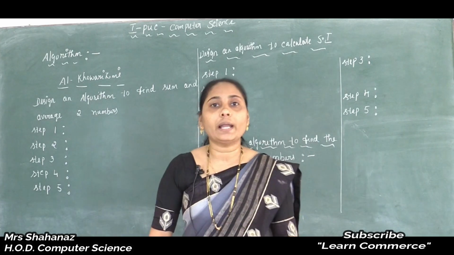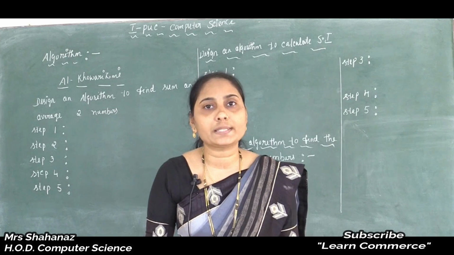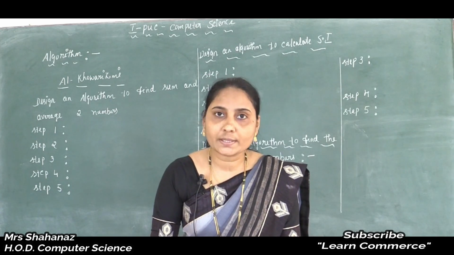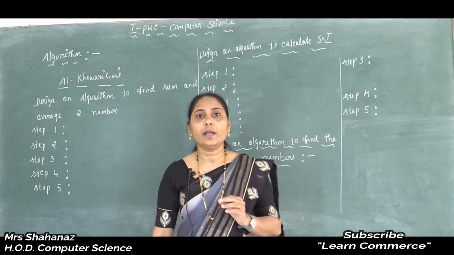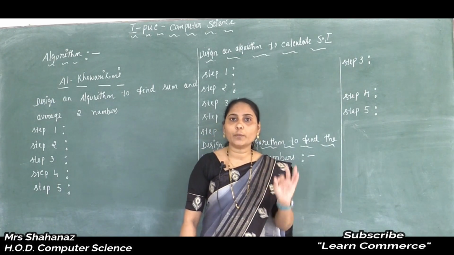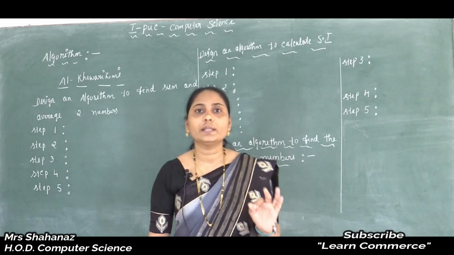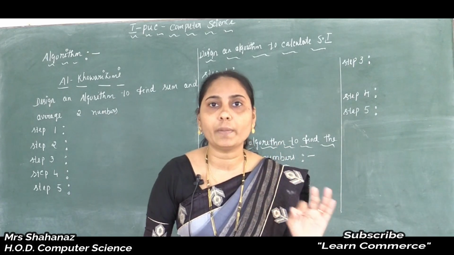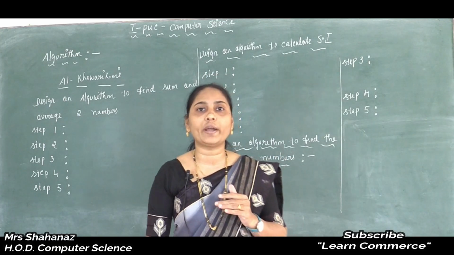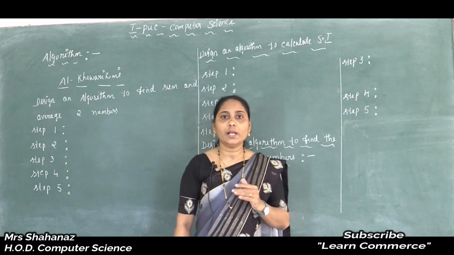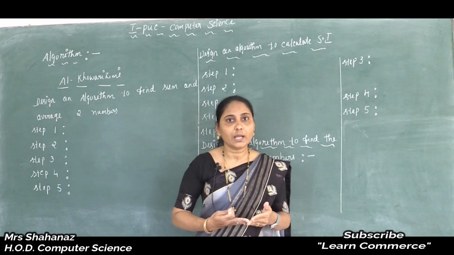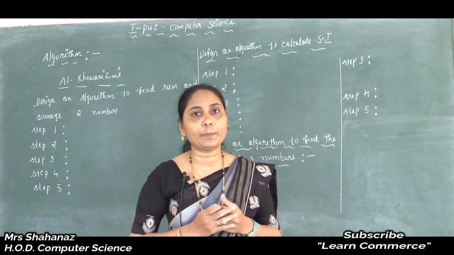An algorithm is a step-by-step procedure to solve a given problem. That means, maybe one problem is to find the sum and average of numbers. So how are we going to find such sum and average? We are going to find them by using a step-by-step procedure.